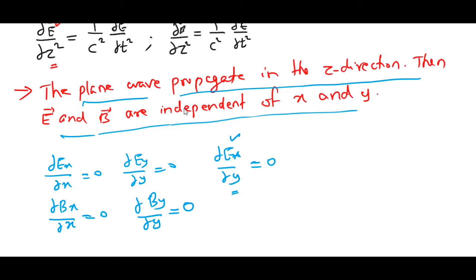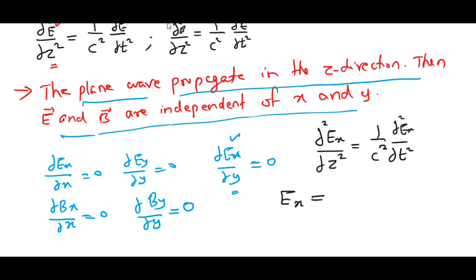Then how can I write the wave equation? Because the electric field is along the x direction, dou square Ex by dou z square is equal to 1 by c square dou square Ex by dou t square. Then what will be the solution of this wave equation? The solution can be written as Ex is equal to E0 sine (kz minus omega t) x cap.